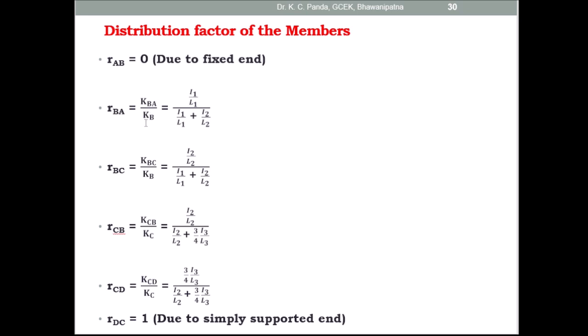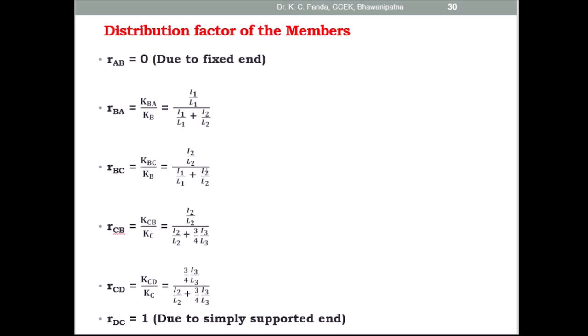RBA is equal to KBA by KB is equal to I1 by L1 divided by I1 by L1 plus I2 by L2. RBC is equal to KBC by KB is equal to I2 by L2 divided by I1 by L1 plus I2 by L2, and RCB is equal to KCB by KC is equal to I2 by L2 divided by I2 by L2 plus 3 by 4 I3 by L3, and RCD is equal to KCD divided by KC is equal to 3 by 4 I3 by L3 divided by I2 by L2 plus 3 by 4 I3 by L3.